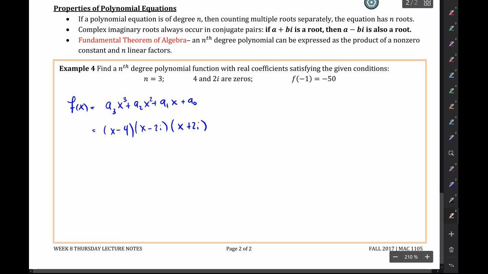So let's see here. What we know is that this factors this way, and that we might have some coefficient out front. So I'm writing this as a sub 3, I guess. Okay.